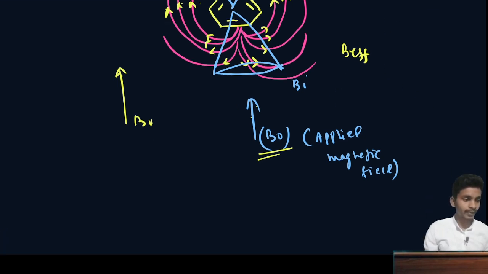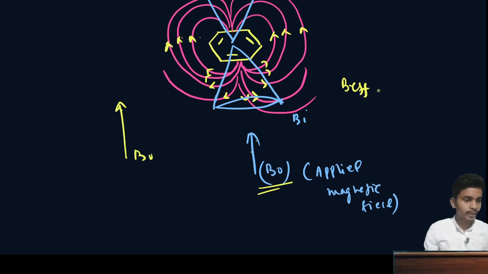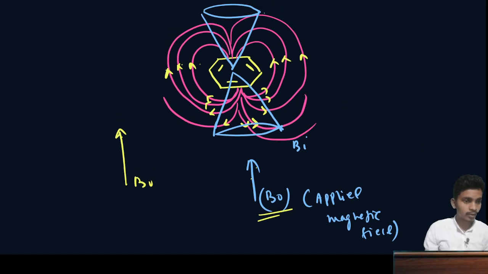B effective is B naught for inside the cone, or we can say the inner area.